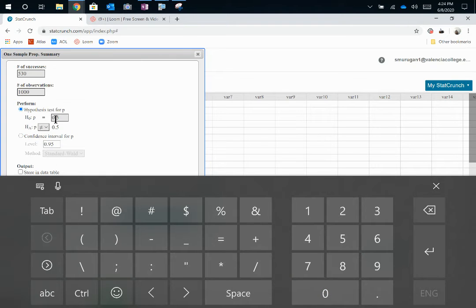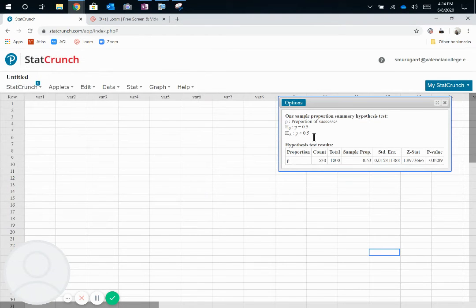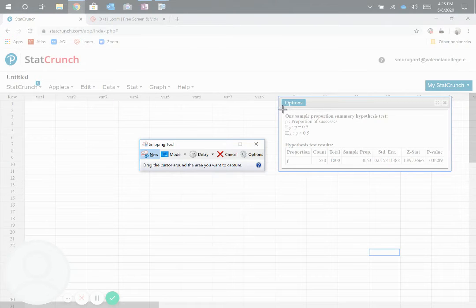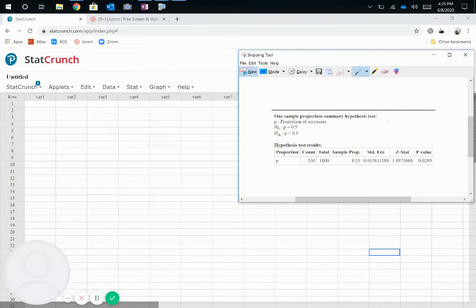Then I know that the null hypothesis is 50%, and we're told that it's more than the majority, more than 50%, so clearly this is right-tailed. Let's see. So compute this, and we're going to put this into our notes.